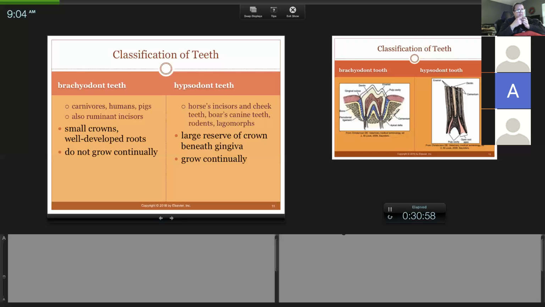Tia, if you guys have class coming up with Neemer, ask her, because I don't think ferrets have... I think ferrets are brachiodont. So I think they have teeth similar to a cat or a dog, where once they grow, they're there. If you think about the species, rodents eat grain.